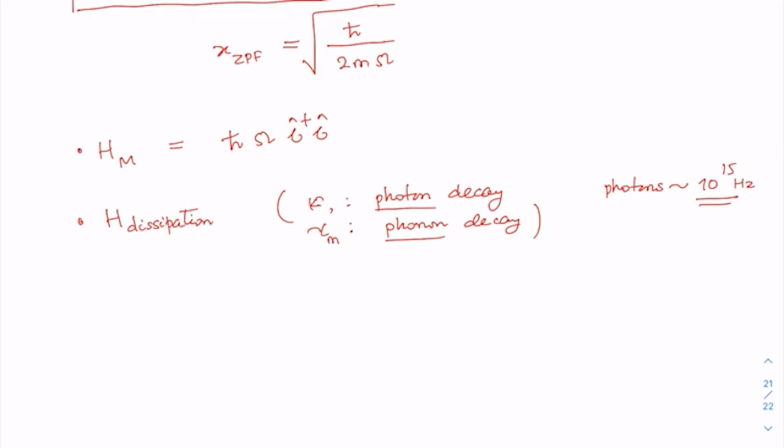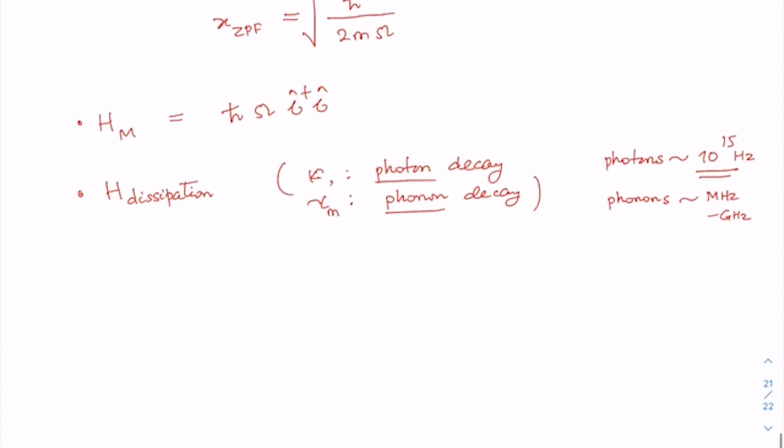On the other hand, phonons oscillate, as I said earlier, in the frequency regime of megahertz to gigahertz, 10 to the power 6 hertz to 10 to the power 9 hertz. So there are always some thermal phonons around, and it is quite possible that sometimes thermal phonons will enter into the cantilever from the outside as well.